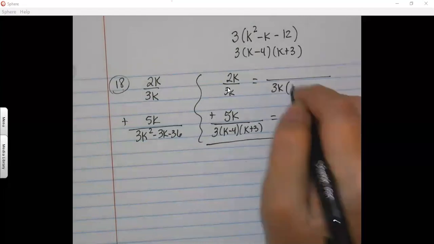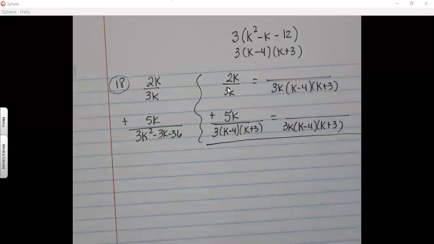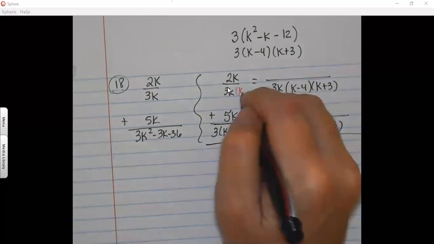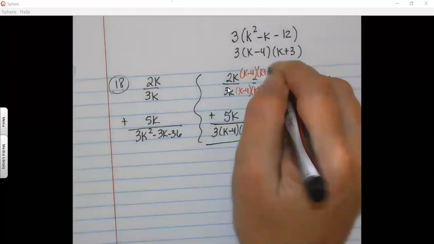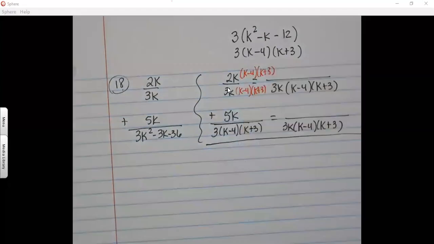So that top fraction, I will have to multiply the numerator and denominator by k minus 4 times k plus 3. And then the bottom fraction, what will I have to multiply by? Just a k. Only thing I'm missing.